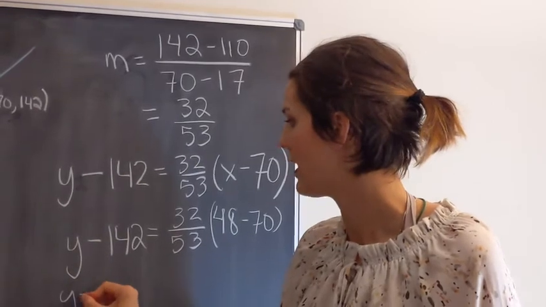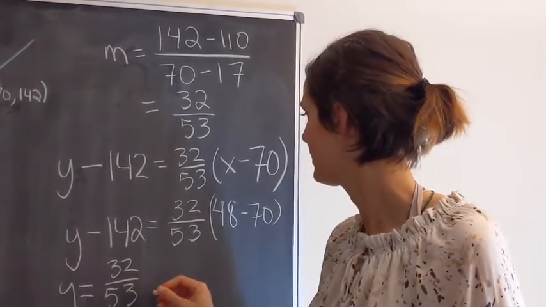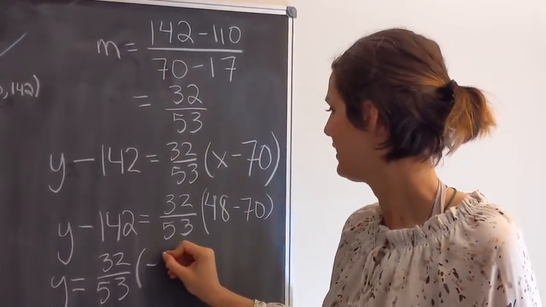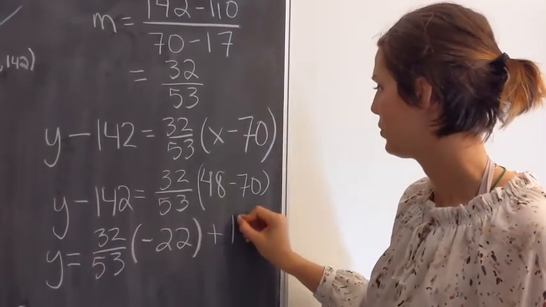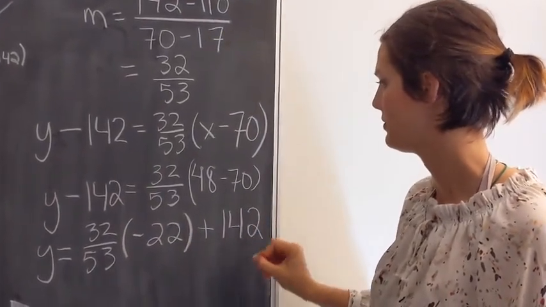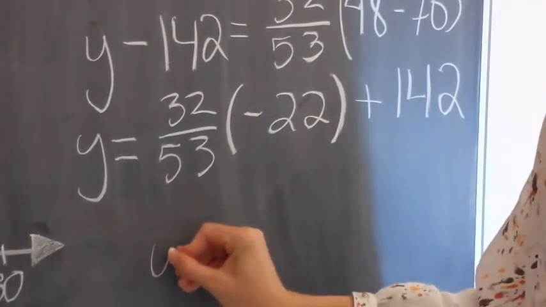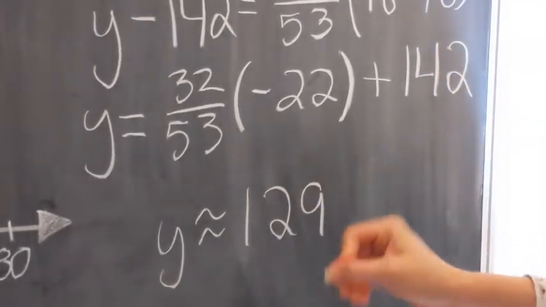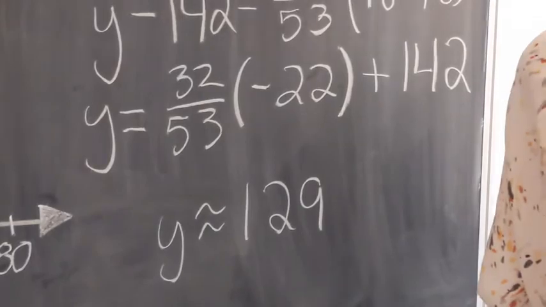So we'll have y equal to 32/53 times negative 22 plus 142, and that'll give us approximately 129 for our expected blood pressure for a 48-year-old person.